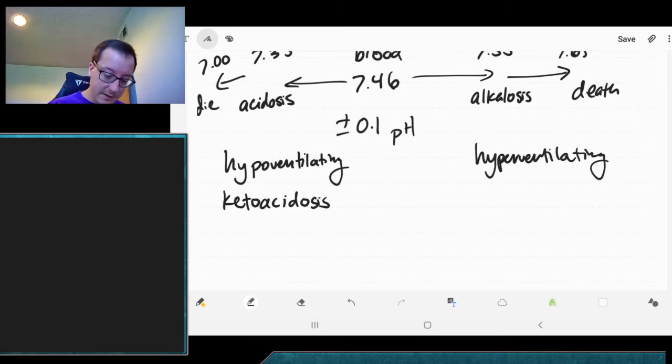So you're going to see also that we have things called buffers here that also help to maintain this. We'll talk about buffers at the end of the chapter, though. Right now, I'm just showing you the value of pH. We're going to see that many biological functions depend strongly on pH. Enzymes need a certain amount of protons in solution to be able to function properly.